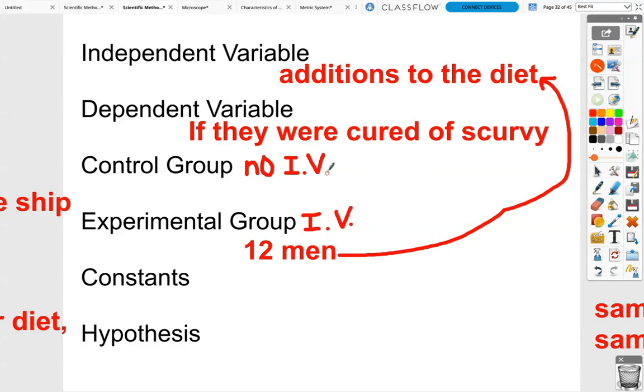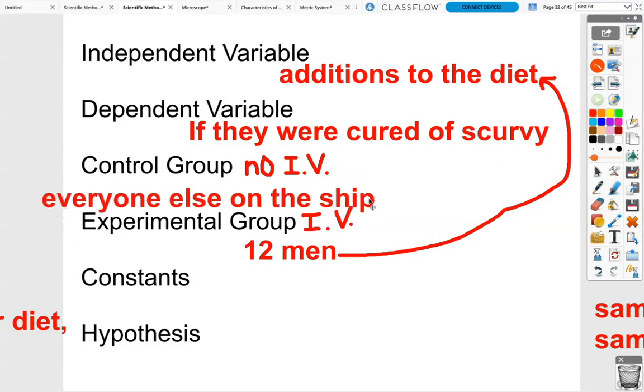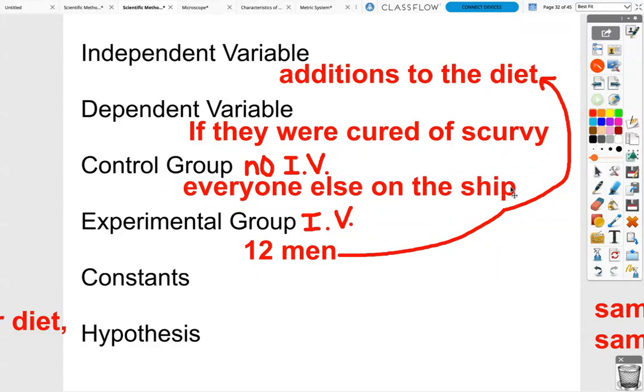So which group was our control group? Sorry. Our control group was everyone else on the ship. So these 12 men, hopefully, when they were cured of scurvy, were compared to everyone else on the ship. We want to make sure that they're all living in the same sort of conditions, and the only thing that's being changed are the additions to their diet.